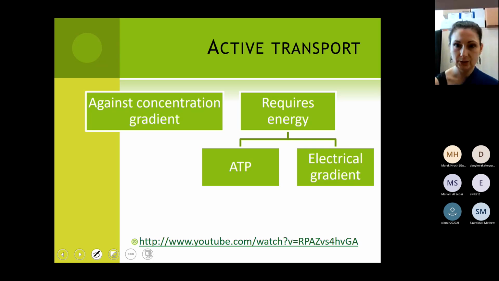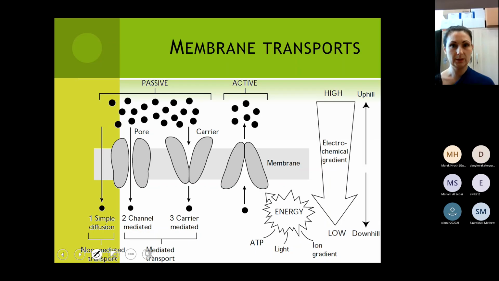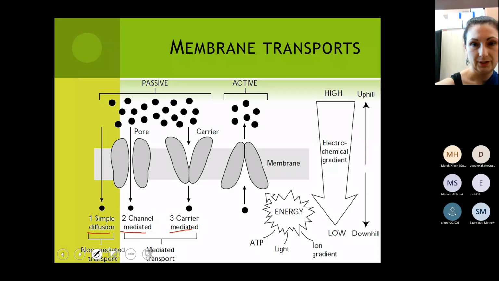I would like to show you this little summary, and then after this summary I will show you a video. First of all, we mentioned passive transport, which can go by simple diffusion, using channels and using carriers.